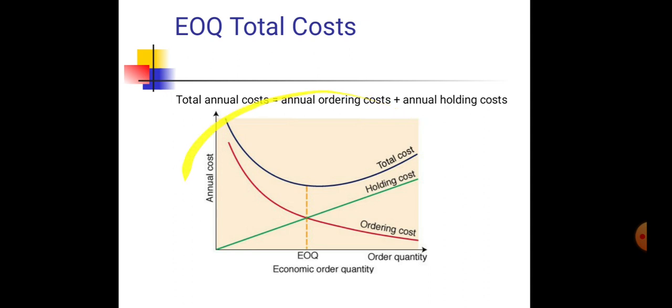From this graph you can find the EOQ, that is the optimum quantity which leads to minimum total cost, the sum of holding cost plus ordering cost.